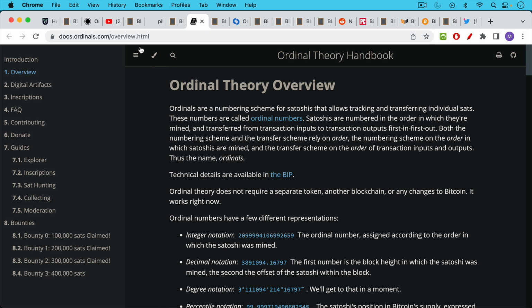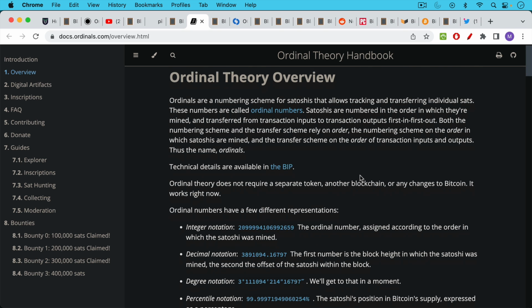If you want to take a deeper dive into this, I'll link to this in the description notes below. Basically, this is from ordinals.com. Here's a summary of ordinal theory. Ordinals are a numbering scheme for satoshis that allows tracking and transferring individual sats. Satoshis are numbered in the order in which they're mined and transferred from transaction inputs to outputs, first in, first out.